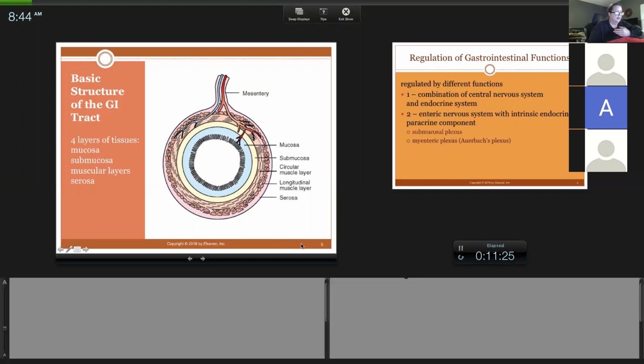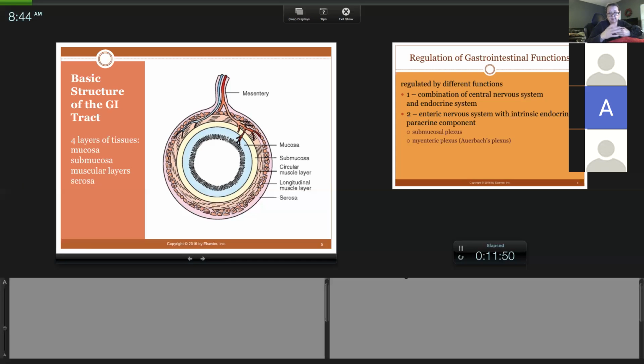And then the outer layer is the serosa. Now, if you were to help with a surgery, say it was an intestinal foreign body, and you open the abdomen and you see the intestines, what you see on the outside is called serosa. And if you remember, serosa is a type of tissue that secretes a fluid.